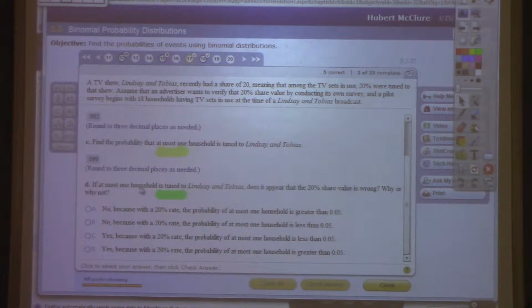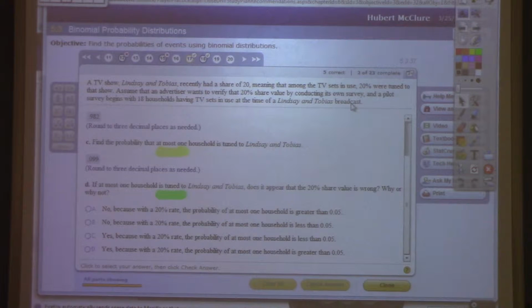If at most one household is tuned to Lindsay and Tobias, which is 10%, does it appear that the 20% value is wrong? Okay, 10%, 20%. Is it wrong? Yeah. Now, does it appear that's 20%? Well, let's go back up here. Meaning that among the TV sets in use, 20% were tuned to that show.